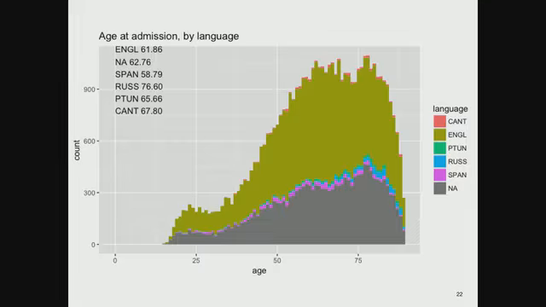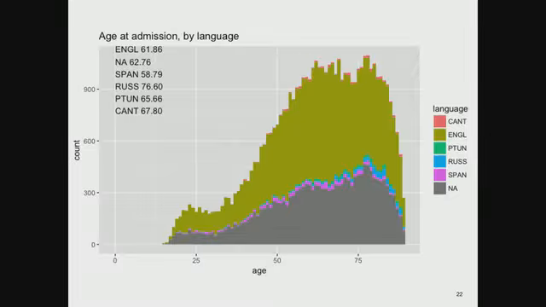What about age at admission by language? So some people speak English, some people speak not available, some people speak Spanish, etc. So it turns out the Russians are the oldest, right? And that may have to do with immigration patterns, or I don't know exactly why. But that's the data.